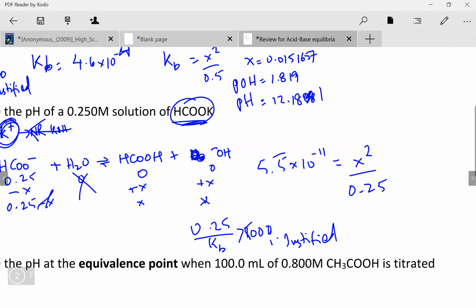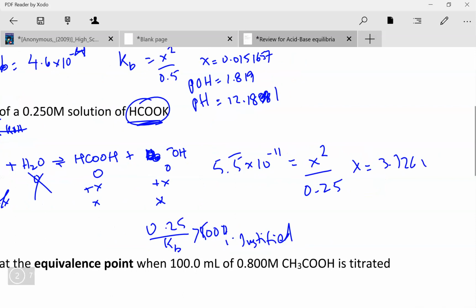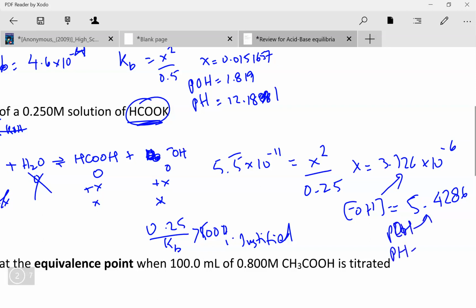So multiply the Kb by 0.25, take the square root. X equals 3.726 times 10 to the negative 6. OH minus concentration is negative log of that, 5.4286. pH is 14 minus that. Whoops. 8.571. That's my answer.